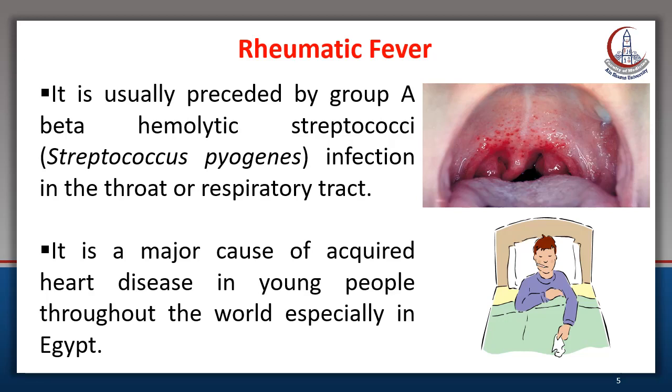It is one of the major causes of acquired heart disease in young people throughout the world, especially in Egypt. So rheumatic fever is a complication of post-streptococcal infection in the throat or respiratory tract, which is not well treated, leading to permanent damage of the heart valve.